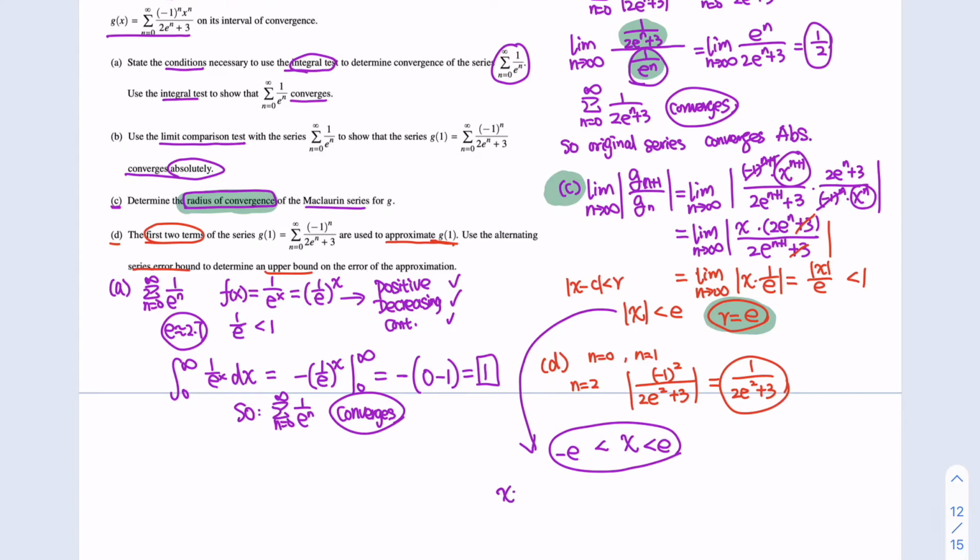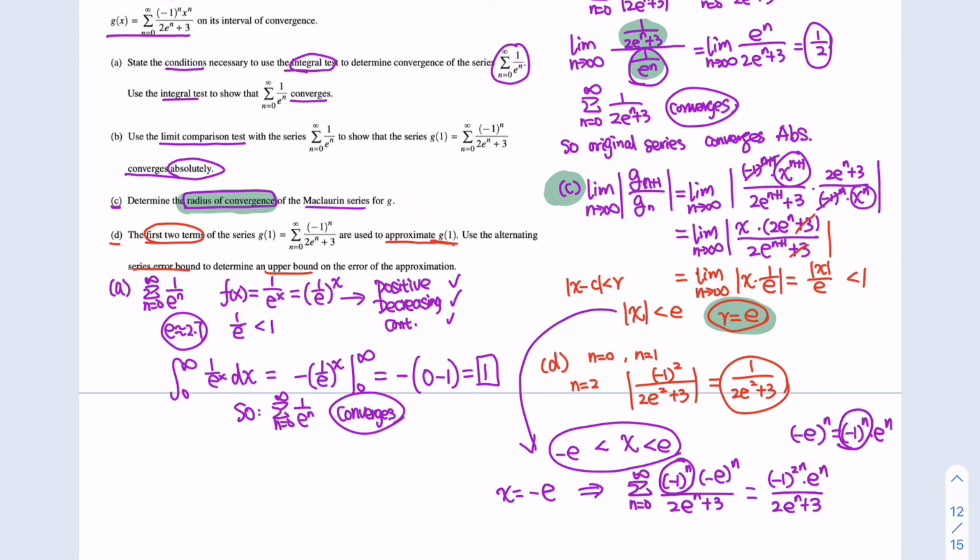When x equals negative e, we plug negative e in, and we get the sum from 0 to infinity of negative 1 to the n times negative e to the n over 2e to the n plus 3. So this negative e to the n gives us negative 1 to the n times e to the n. So we have negative 1 to the 2n times e to the n over 2 to the n plus 3.